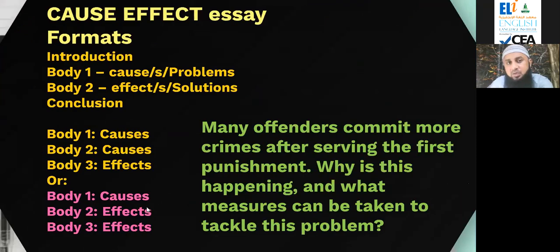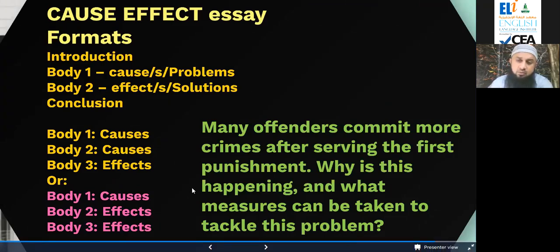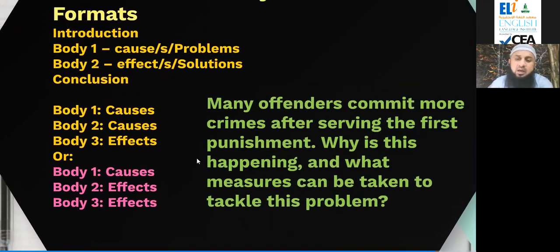After this comes the cause effect essay. There are three formats, right? For example, the question is, many offenders commit more crimes after serving the first punishment. Why is this happening? And what measures can be taken to tackle this issue? Now, this is the question.